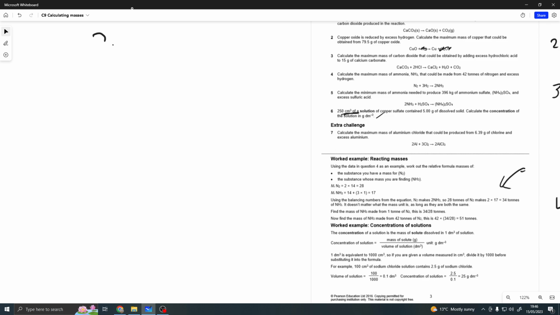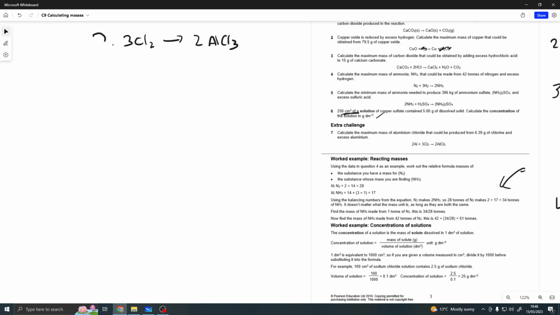It says calculate the maximum mass of aluminium chloride that could be produced from 6.39 grams of chlorine and excess aluminium. So here we have 3Cl2 becomes 2AlCl3. So we've got two different balancing numbers here, but again, we still have to worry about working this out. So chlorine is 35.5.